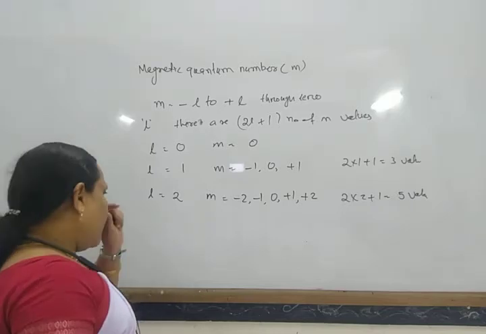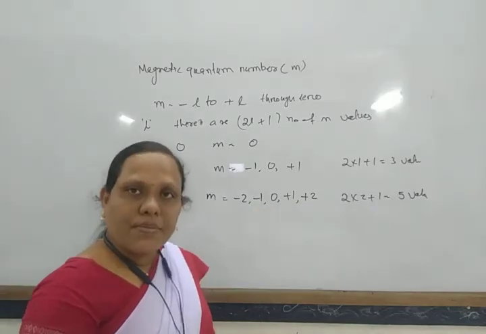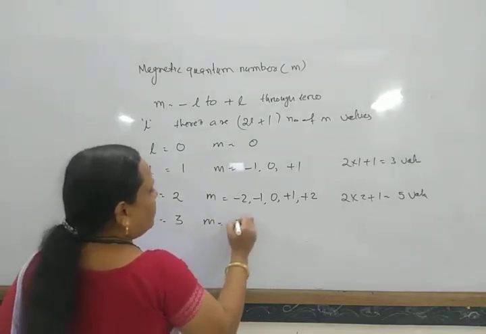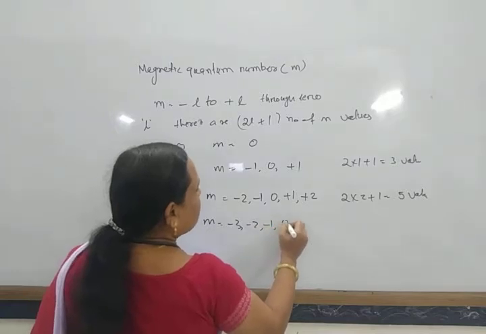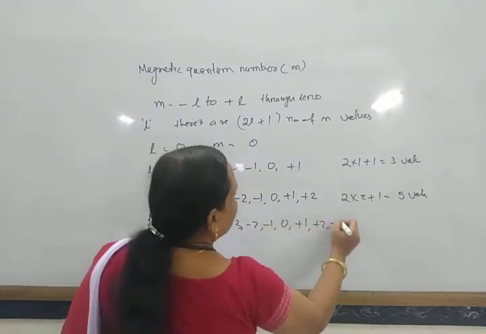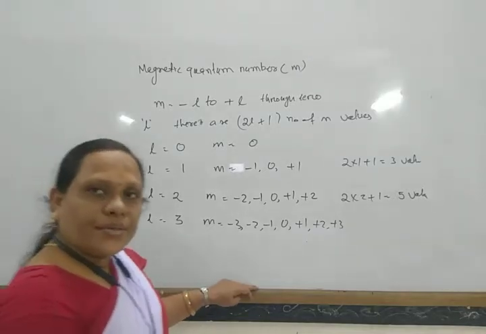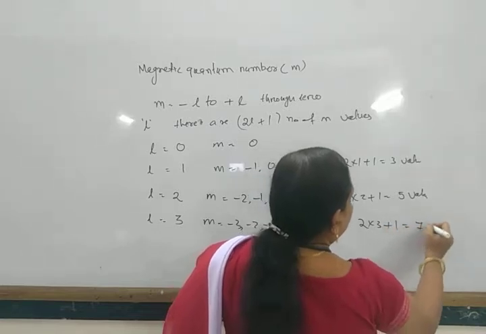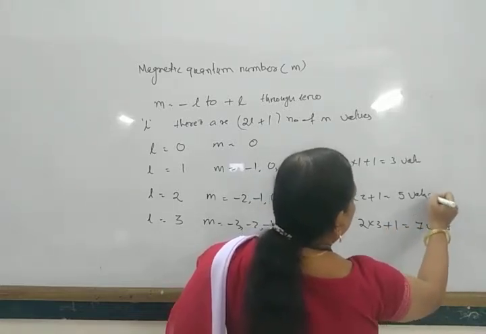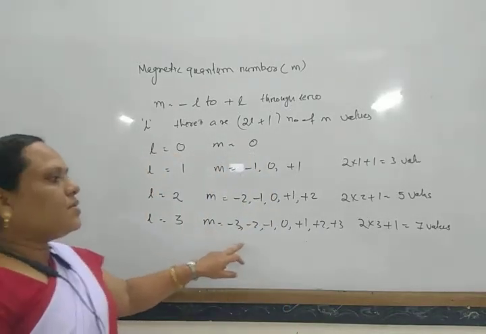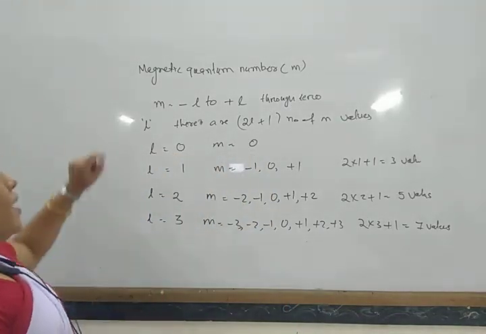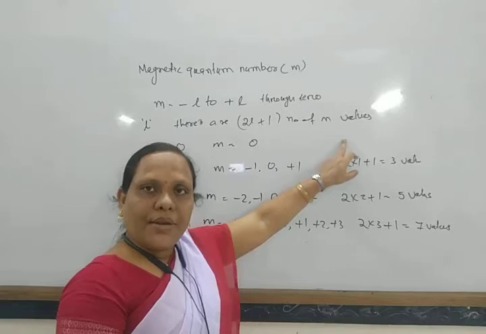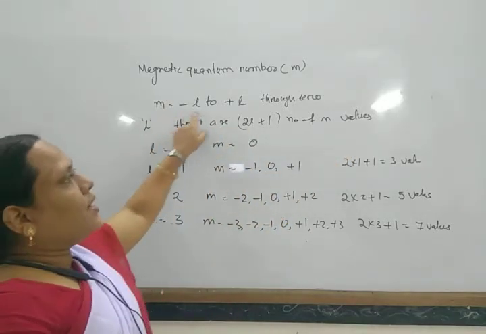When l equals 3, m equals minus 3, minus 2, minus 1, 0, plus 1, plus 2, plus 3. The number of values is 2 into 3 plus 1, that is 7 values. So for a particular value of l, there are 2l plus 1 values of m, and these values run from minus l to plus l.